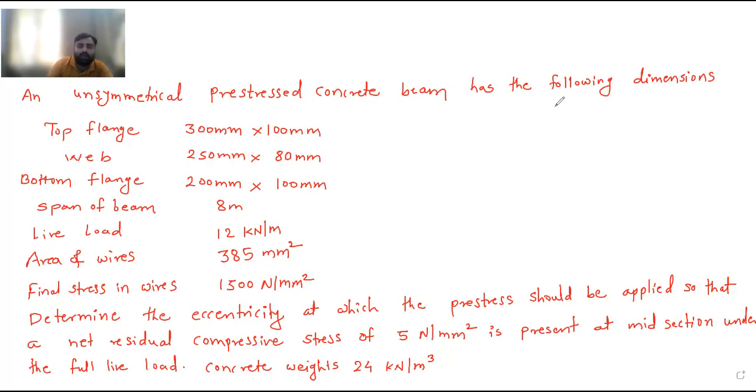So now we will draw the diagram based on this description. I section. First is the top flange, 300 by 100. This is the top flange. Then the web is 250 by 80.